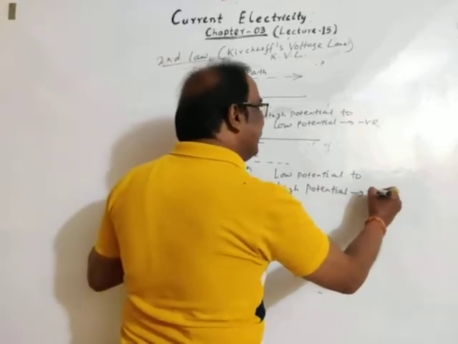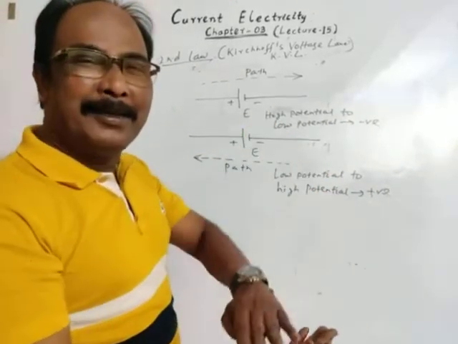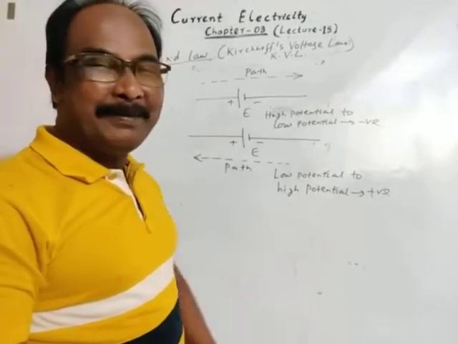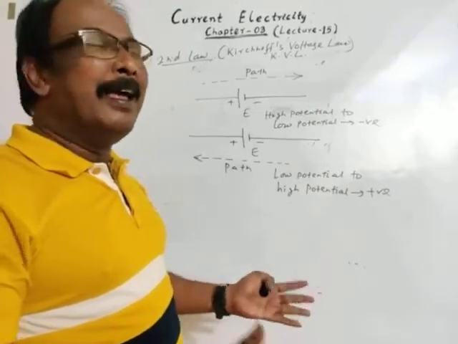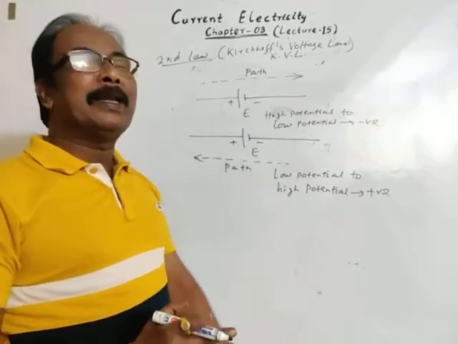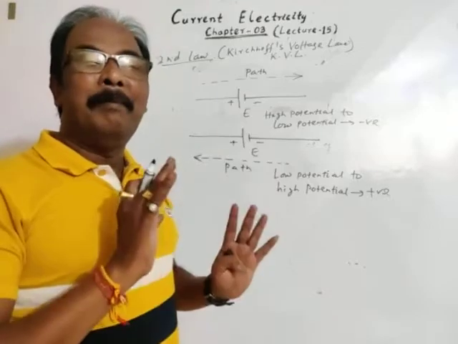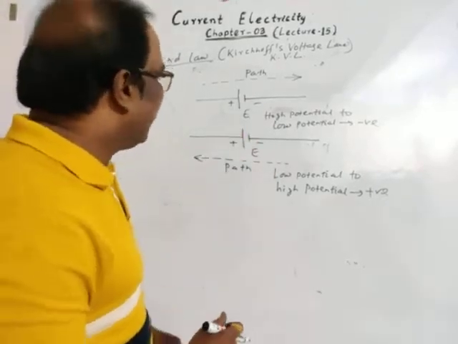If we gain, we say positive. High potential to low potential, there is a decrease in potential, a loss of potential, so negative. Or you may take vice versa. This is the generalized convention. This is the case of a cell.